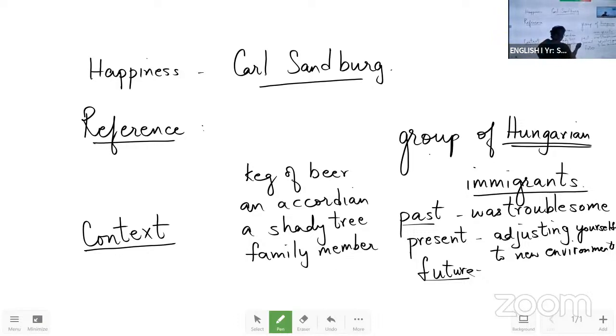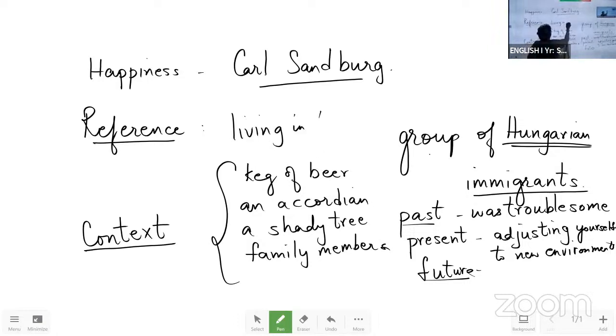And that was enough for them. They were living in the present, enjoying themselves. Living in the present. Enjoying.